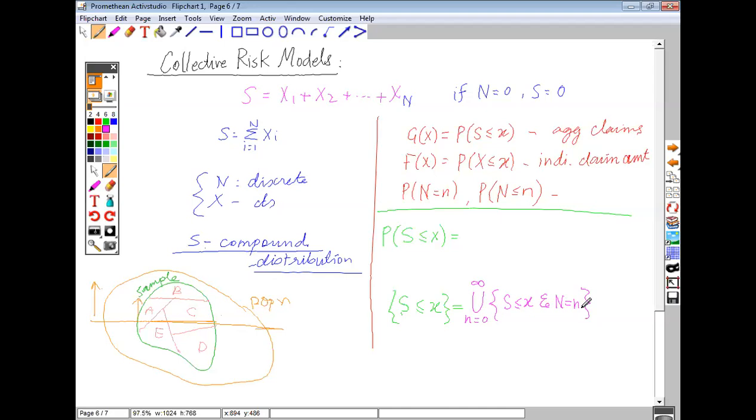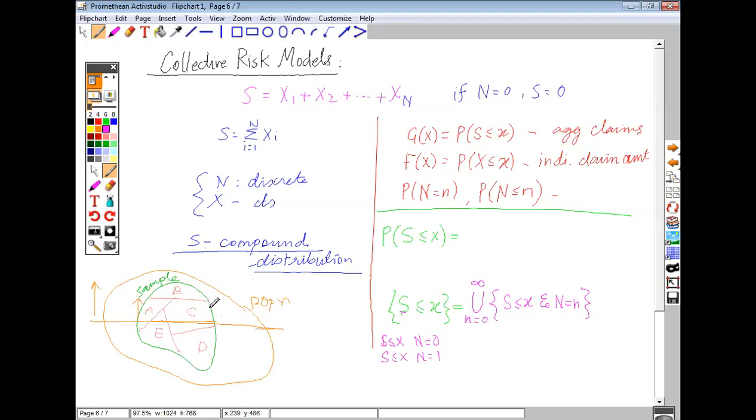So basically, if I have to figure out all the claims wherein I have observed my S as less than or equal to X, I am categorizing this on the basis of different N's. So I say that my total set that my S will be less than or equal to X will consist of the fact that S is less than or equal to X and my N is 0. Then S is less than or equal to X, my N is 1, right?